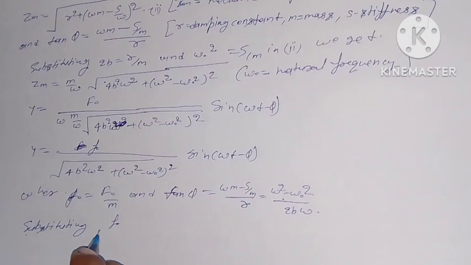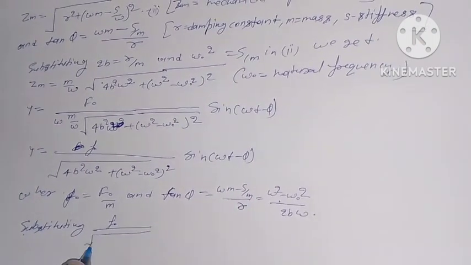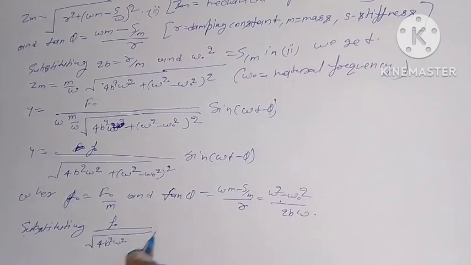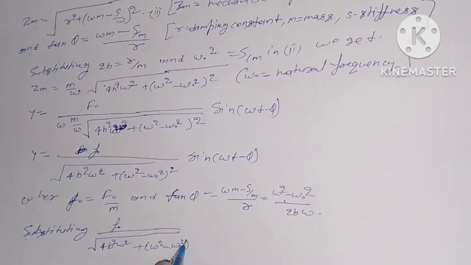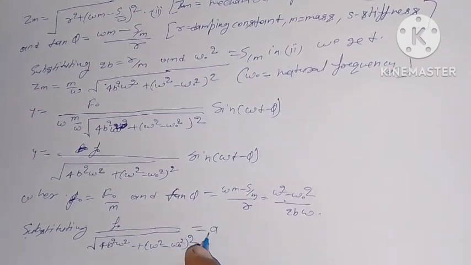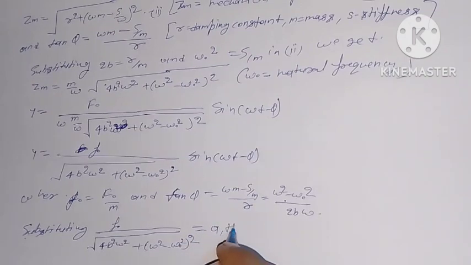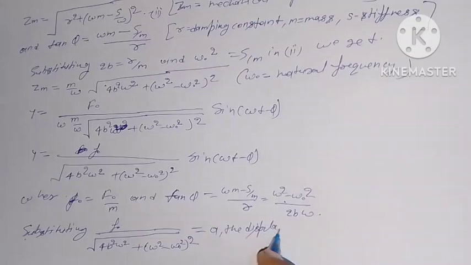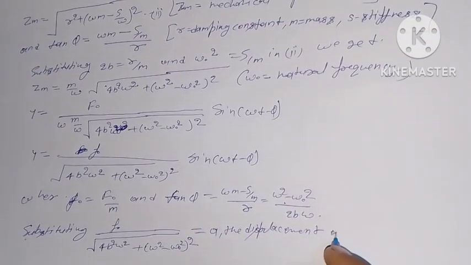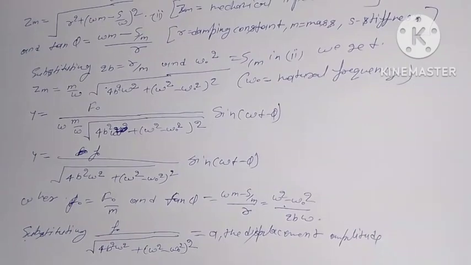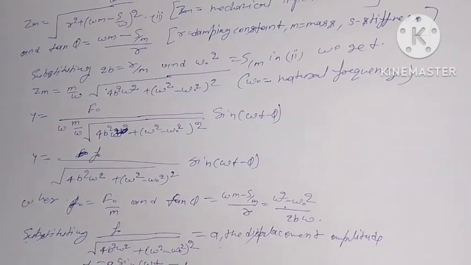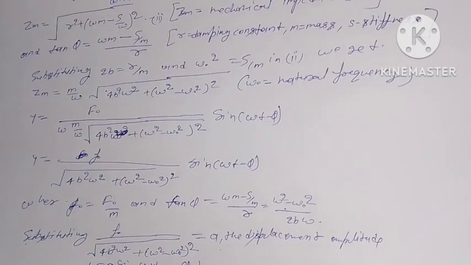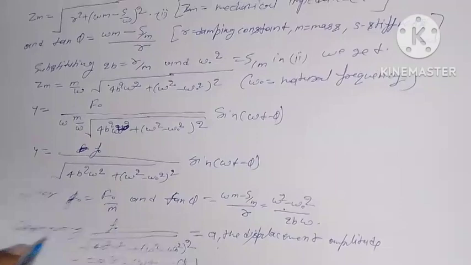Substituting f naught upon the square root of 4b square omega square plus (omega square minus omega naught square) whole square equal to A, the displacement amplitude, we have y equal to A sin(omega t minus phi).